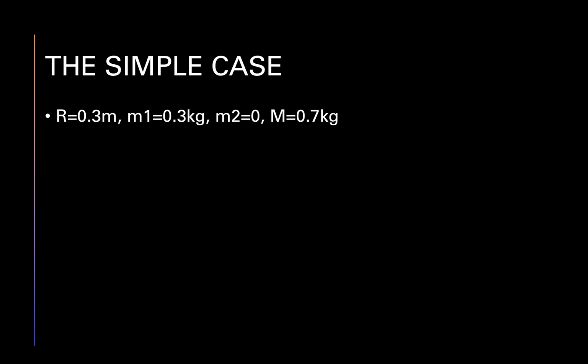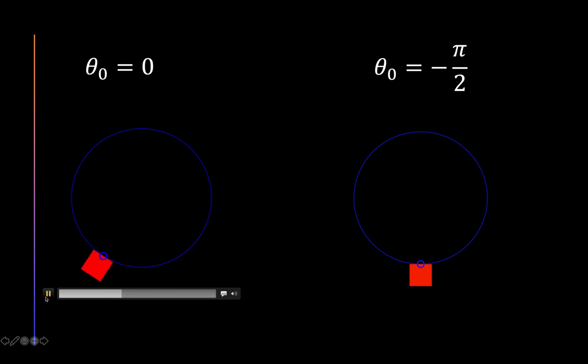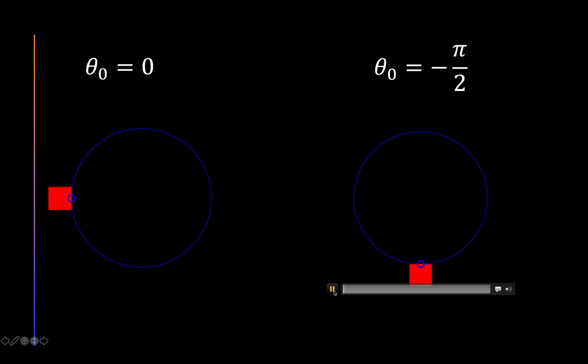So in the simple case where our phi of theta is just 0, we can get some pretty simple pendulum dynamics. This is where it starts at theta equal to 0. And this is one of the equilibria, which is when it starts at the bottom, or negative pi over 2.